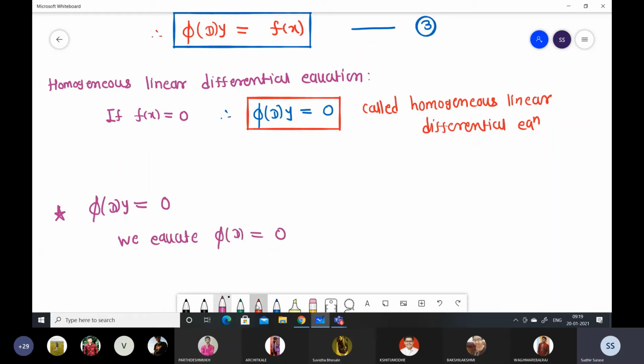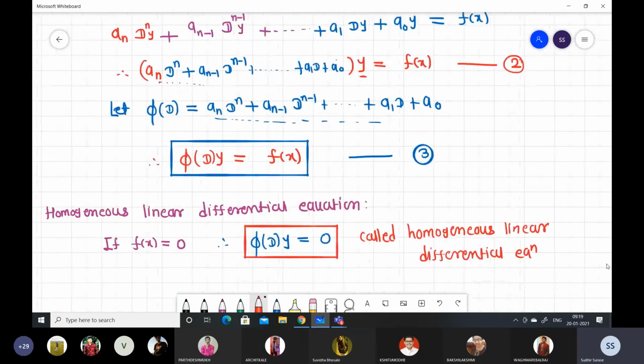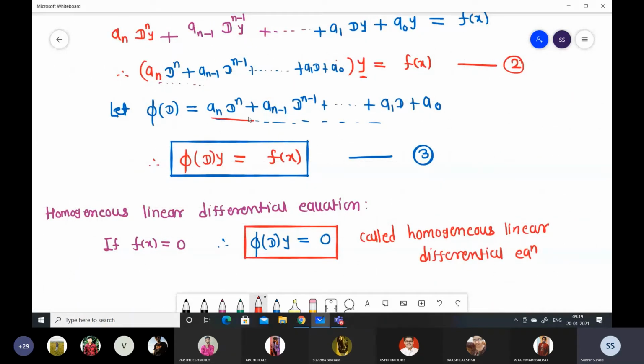Phi of D equals 0 means what? We have this polynomial in terms of D, you can see here.